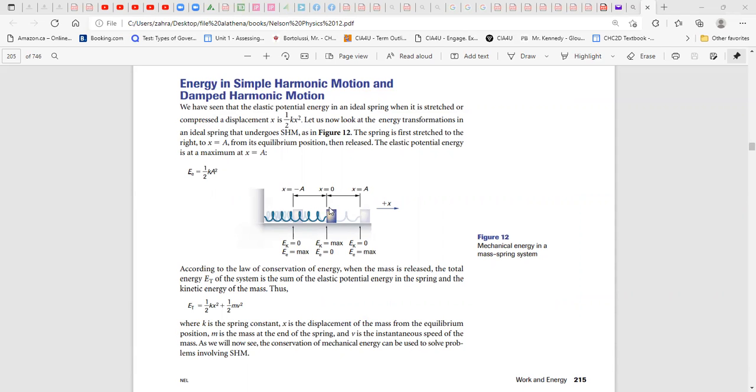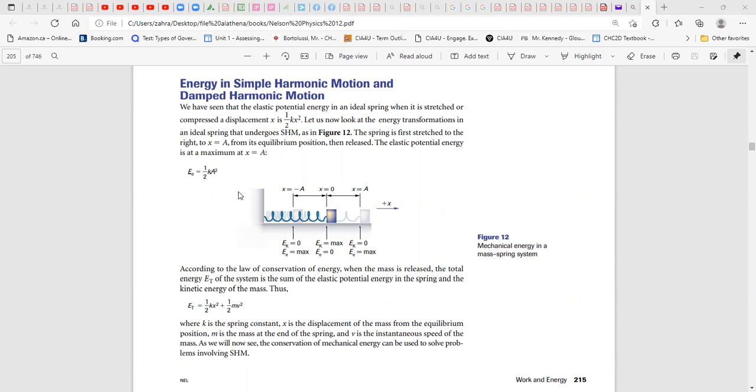Here you have maximum velocity, then it is compressed. Fully compressed, it stops, so its velocity is 0, kinetic energy is 0, and everything is turned into potential energy. So you have maximum potential energy at maximum stretch and at maximum compression. Any point between these will have both kinetic and potential energy.